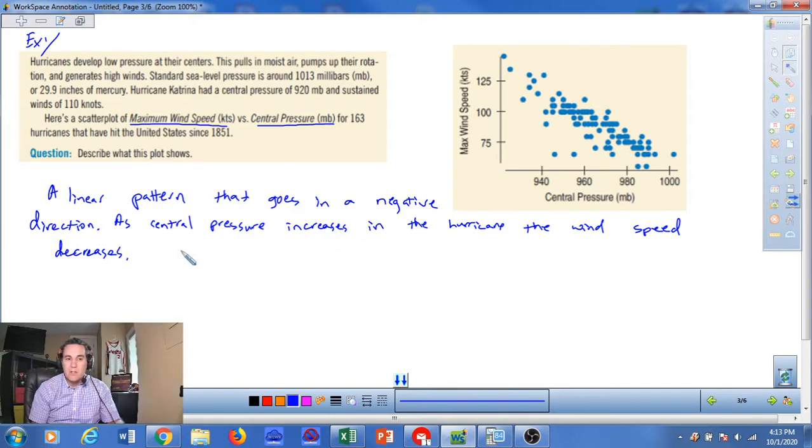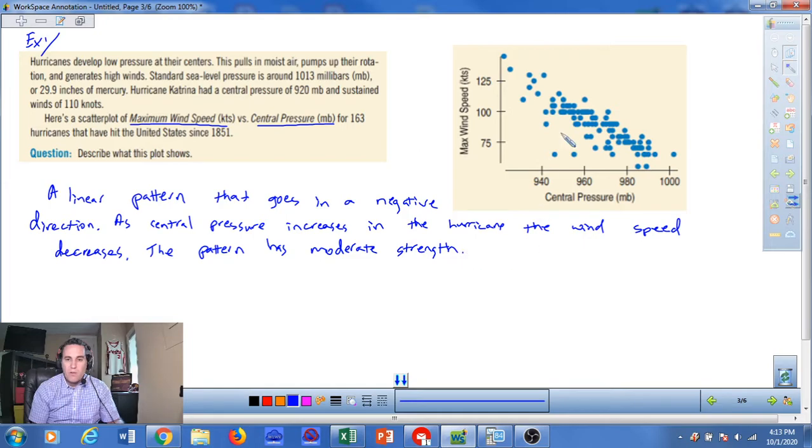And then strength, I would say the pattern has moderate strength, right?